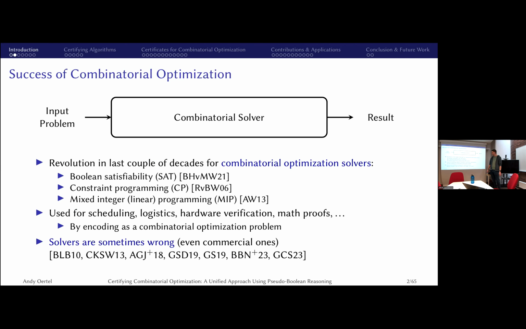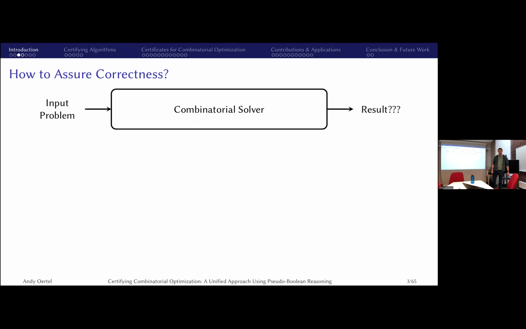We can solve very complex problems very easily. The only issue is, well, these solvers are sometimes wrong. It's also just software, and software has bugs. Even the best commercial solvers are buggy, and it's well documented that there are issues in these solvers. So how can we make sure that the result returned by the solvers is correct, that we can trust this result?